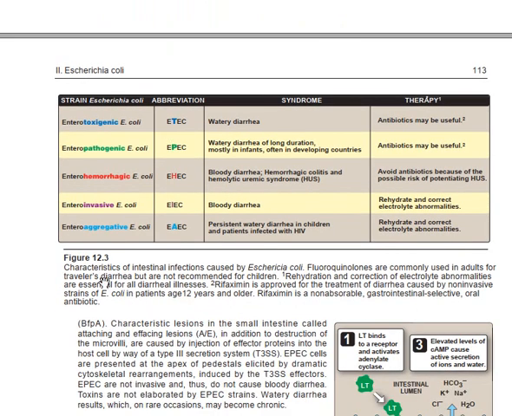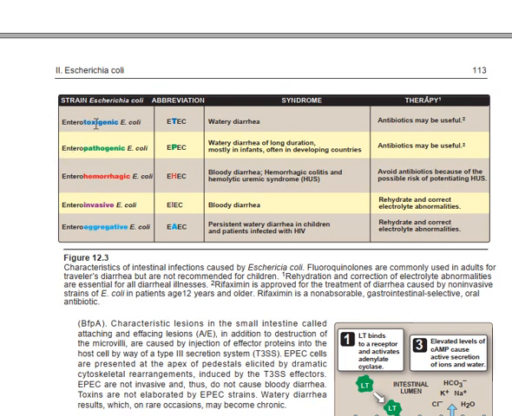Now we need to know that there are different Escherichia coli intestinal infections, based on the different types of Escherichia coli. There are five main types.